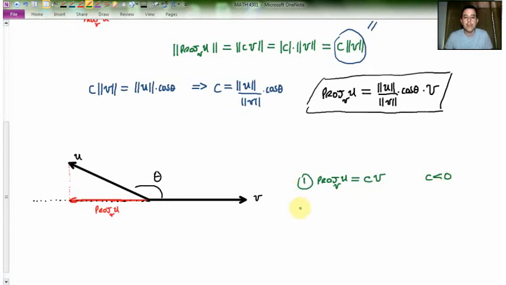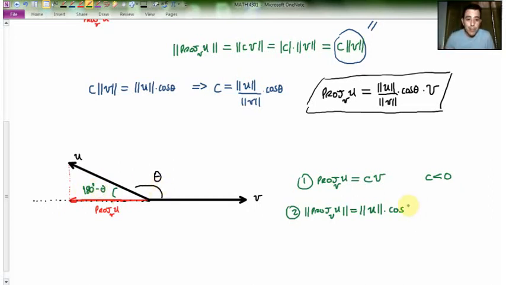The second piece of information is that the length of the projection of u onto v is again the hypotenuse times the cosine of this angle here. Now this angle is not theta. This is 180 minus theta. Theta is this one here.